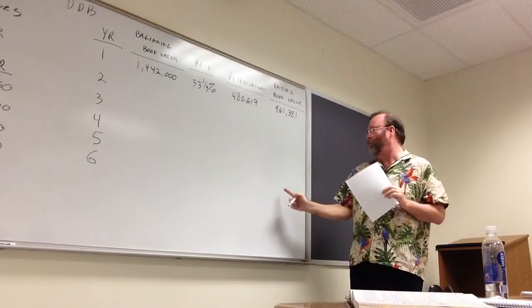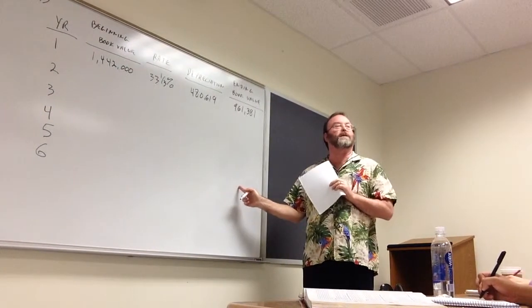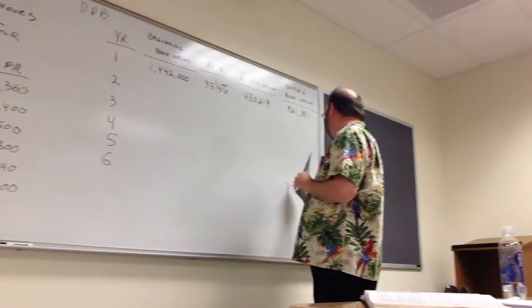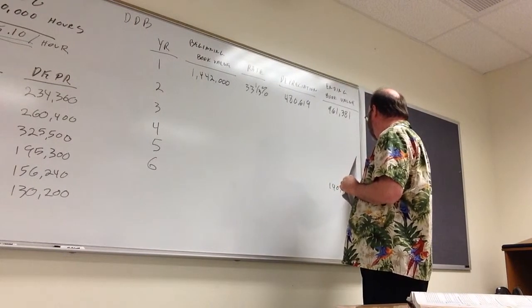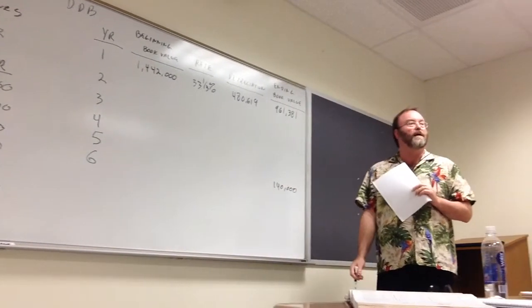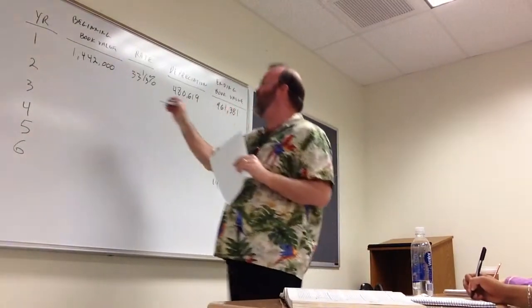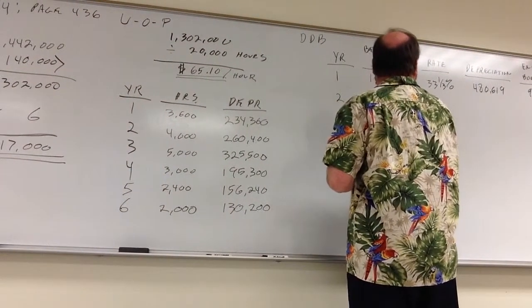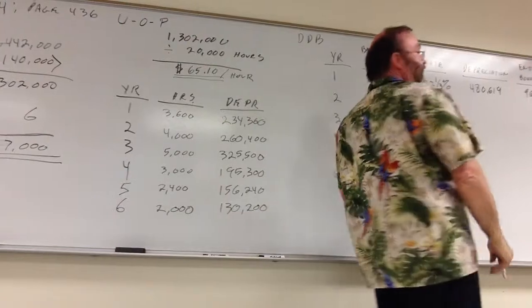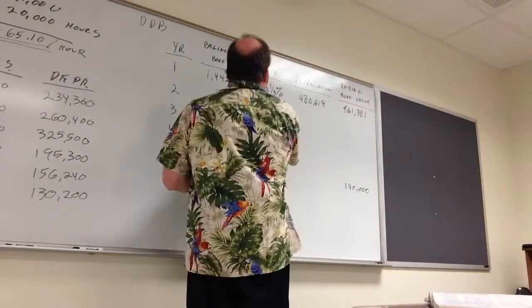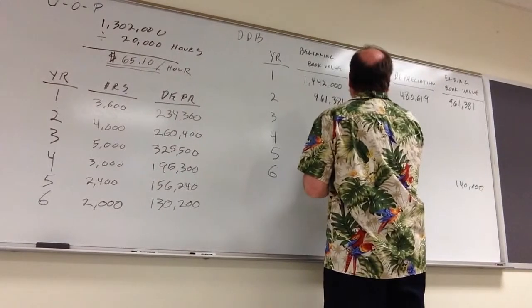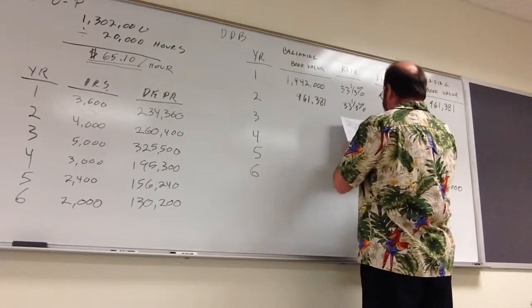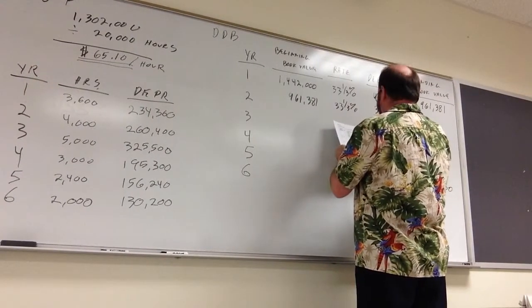What's that book value going to be at the end of year 6? $140,000. Exactly. $961,381 is the book value at the beginning of year 2. 1/3 of that is $320,428.